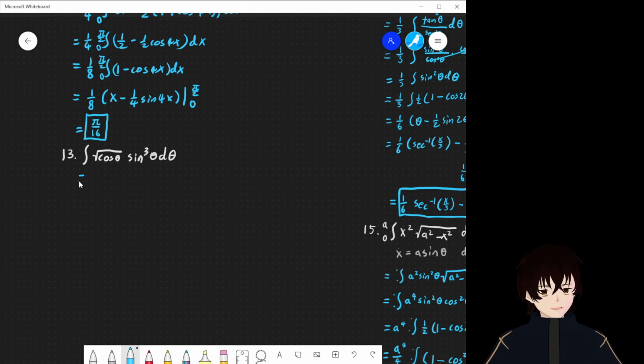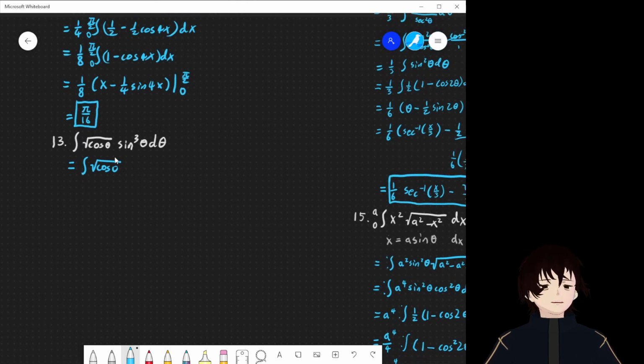Square root of cosine theta times 1 minus cosine squared theta times sine theta d theta.